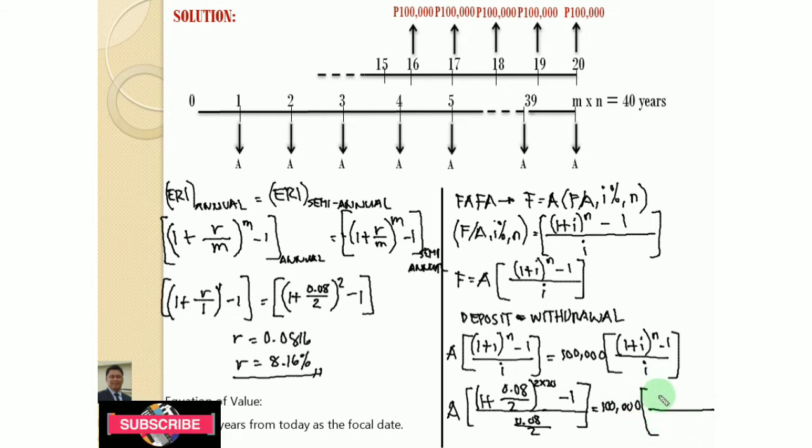Here 1 plus our i is 0.0816, and our compounding is just annual, so raised to the power of 1 times 5, since our n here is just 5 years, minus 1, all over 0.0816 divided by 1.